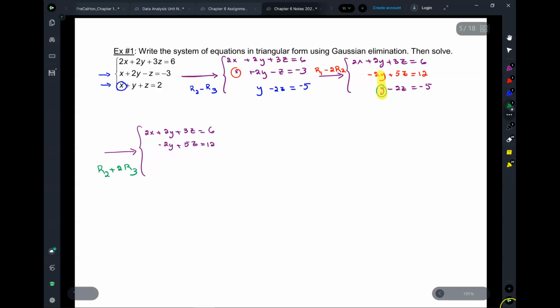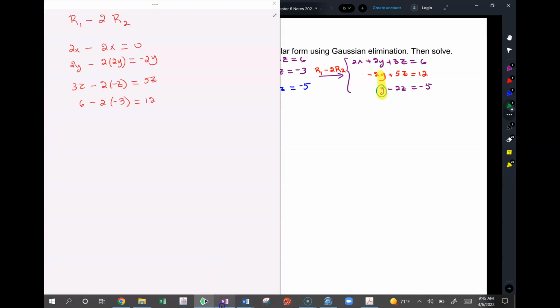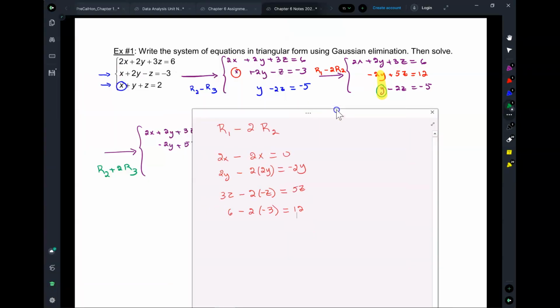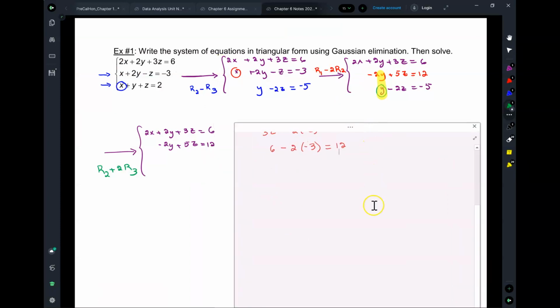The reason I like to write that is it reminds me every time what I'm doing. On my scratch paper, I write down the recipe, the formula: row 2 plus 2 times row 3. So let's do it all in one shot here.